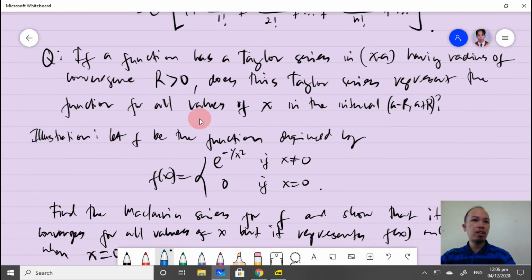It says here, if a function has a Taylor series in x minus a having radius of convergence r, which is greater than 0, does this Taylor series represent the function for all values of x in the interval? As you can see in this illustration, it doesn't represent it for all values of x. It only represents it when x is equal to 0. So this is what we mean by this question.